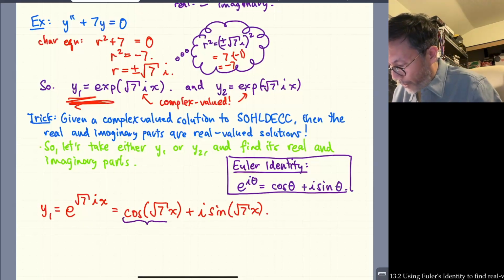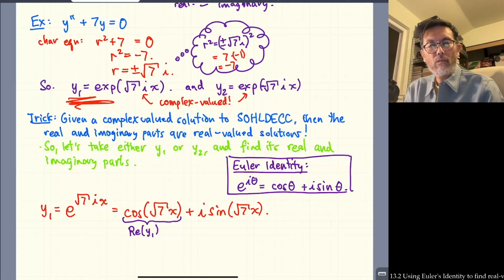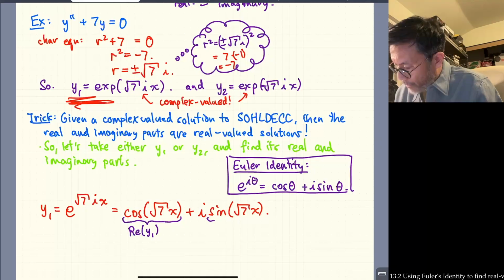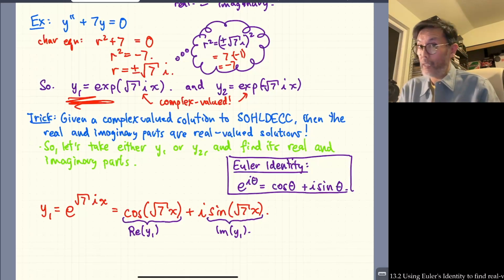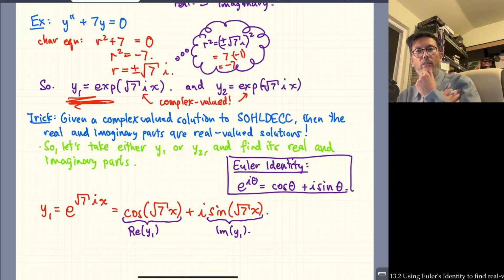Here is the real part of y1, and here is the imaginary part of y1. And what I claim, and I'm right, is that these are real valued solutions to the differential equation.